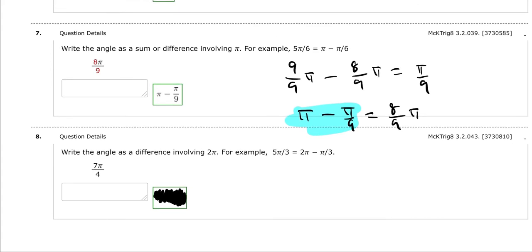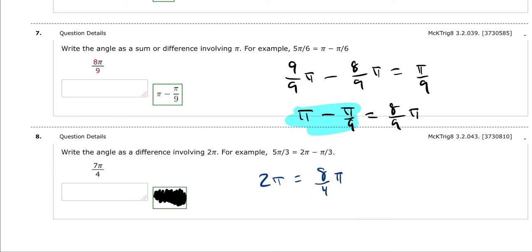All right, same thing for this problem. This looks like you're going to be adding. They want it as a difference. So let's see if we can figure out a difference for this one. Let's see. They want it to involve 2 pi. So 2 pi is the same thing as 8 over 4 pi. The reason I chose 8 over 4 is because this has a denominator of 4. That's why I chose to convert this to 8 over 4.